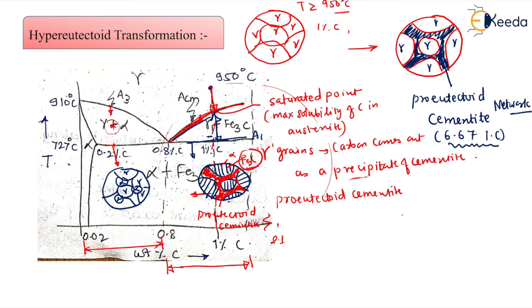Okay, so we have seen the evolution of microstructure. So finally, let me draw it very nicely, dear students. So this will be the gamma grain. For simplicity, I am drawing this kind of grains.